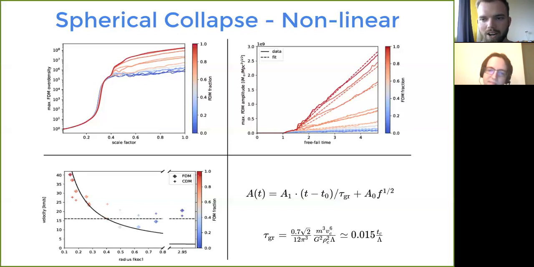But in these simulations, even with velocities up to a factor of 3 higher, we nonetheless don't see any saturation yet. So that is definitely something that is interesting to look at in the future.